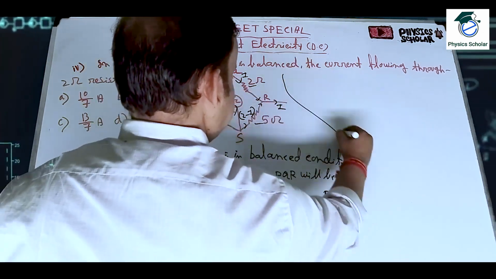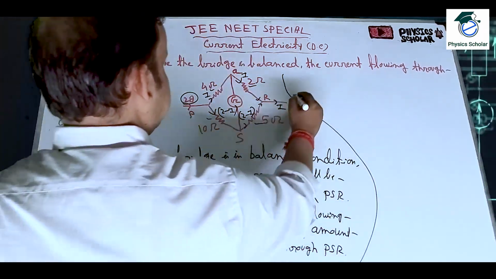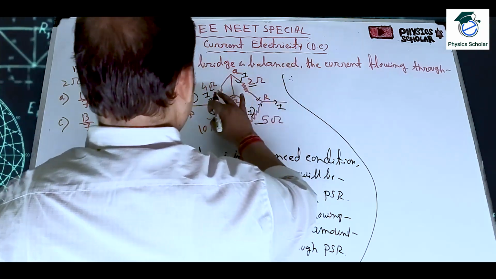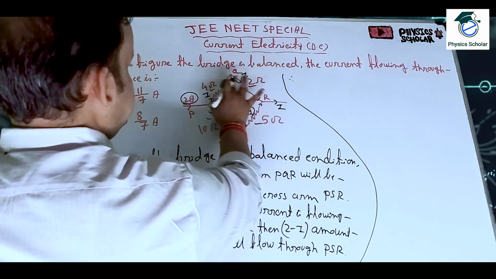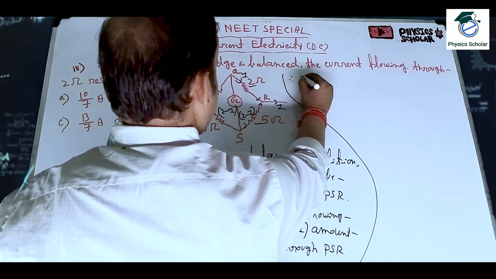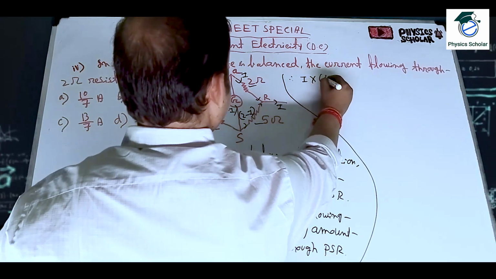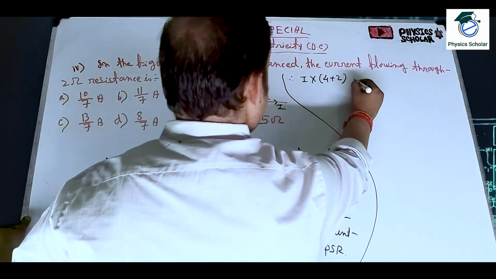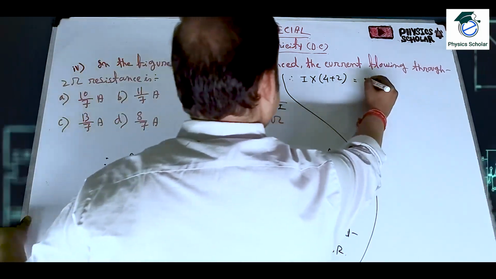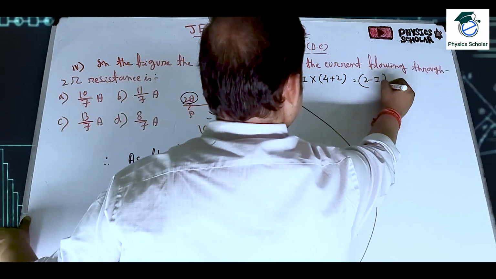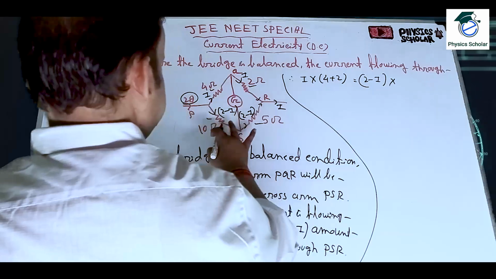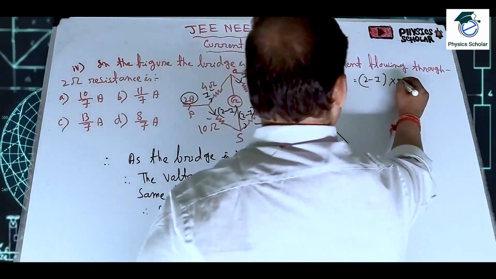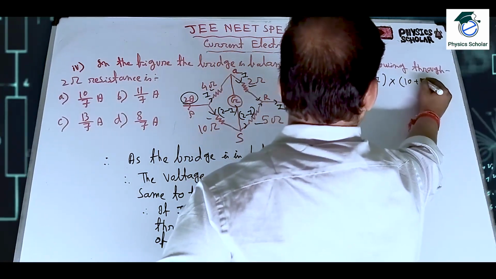Okay. Now what is the voltage? What is the equivalent resistance? 4 plus 2. Clear? So current into resistance is the voltage: I into 4 plus 2 for PQR, and 2 minus I into the equivalent resistance 10 plus 5 for PSR.